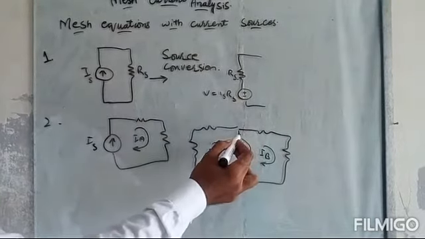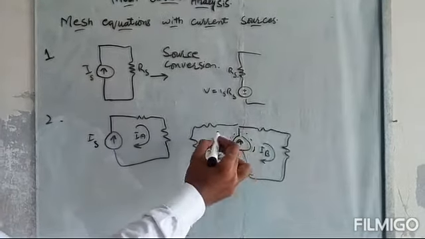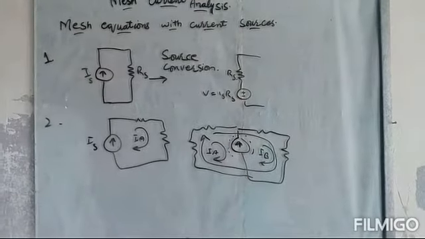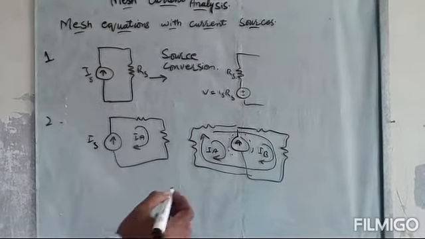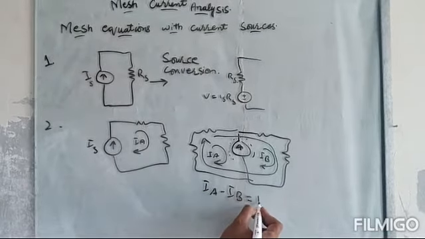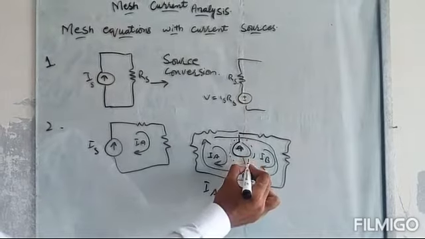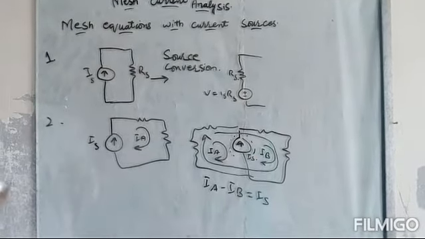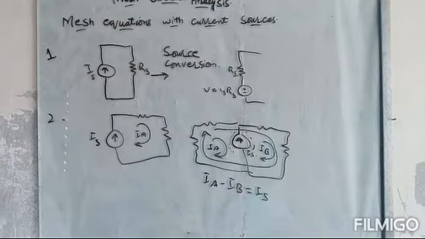We will ignore this source and form a super mesh. We will write the KVL equation for this whole loop, and IA minus IB will be equal to IS. We will shortly solve an example to understand these three concepts.